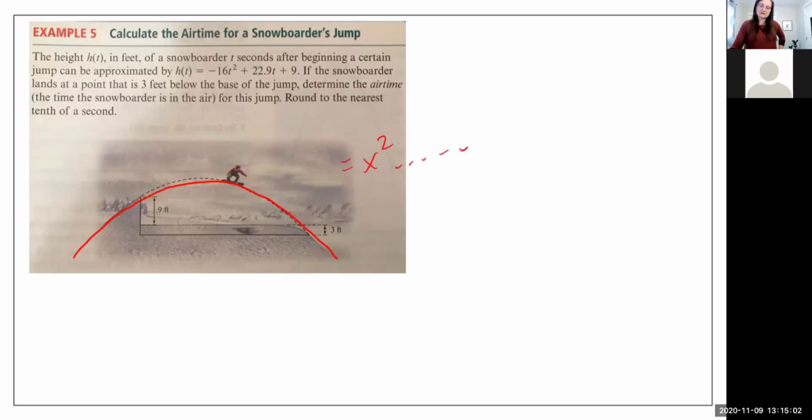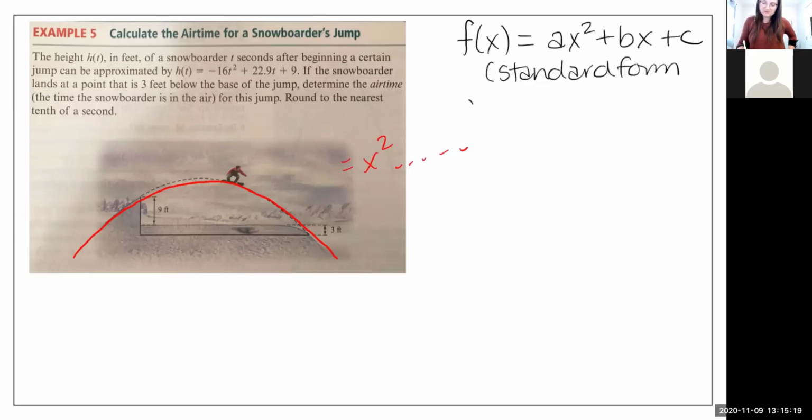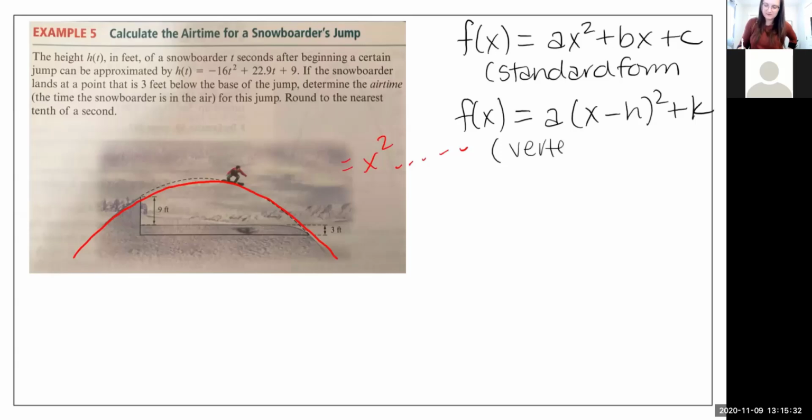And we've learned that parabolas can come in the form of this, with some a, b, c. That's called standard form. They could also come in a form that's factored out with vertex h, k, and this is vertex form. And you should be able to move between these two pretty easily.